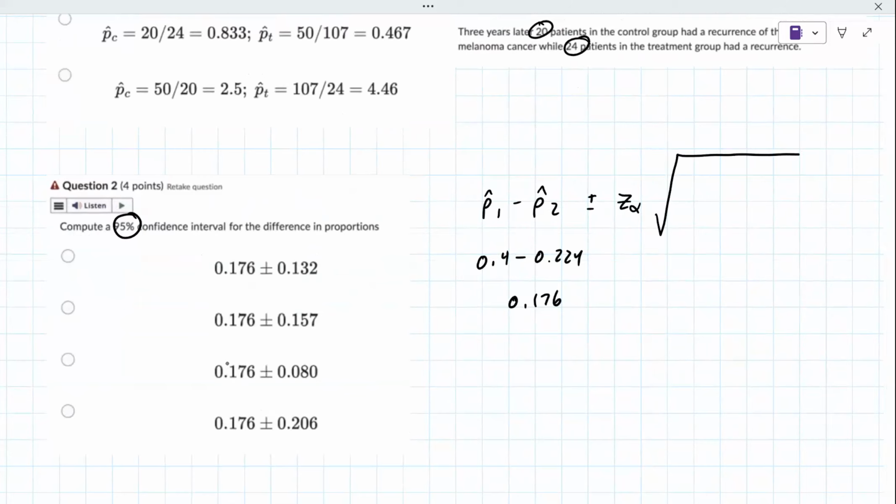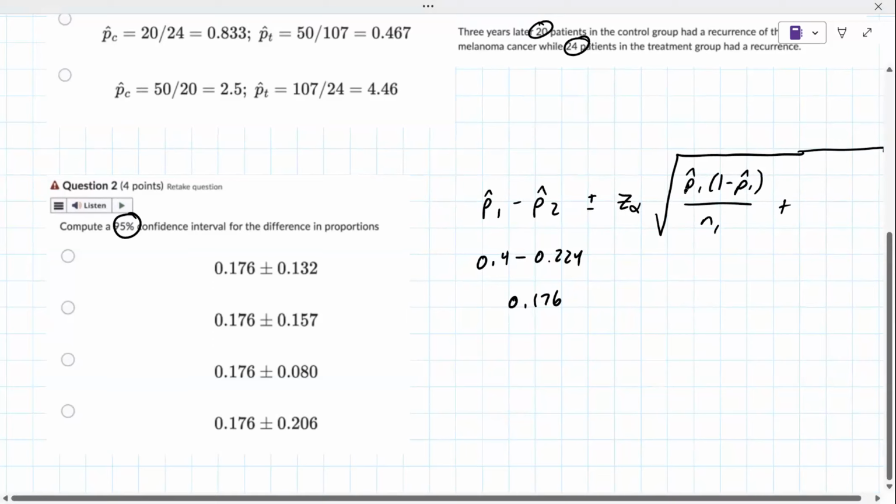And then this is kind of where I always ask you if you have formulas for your tests here. I can pull up the formula if you do not have it. It's a pretty basic formula: p hat 1 times 1 minus p hat 1 over n1, plus p hat 2 times 1 minus p hat 2, all over n2.